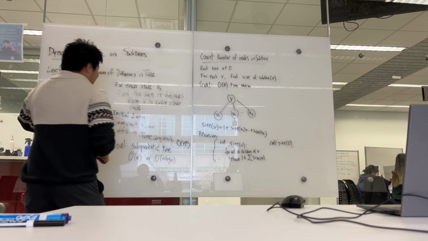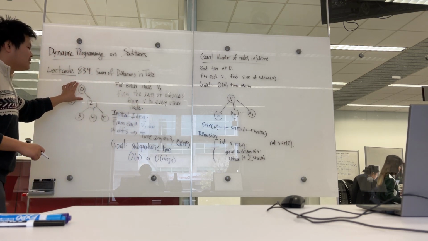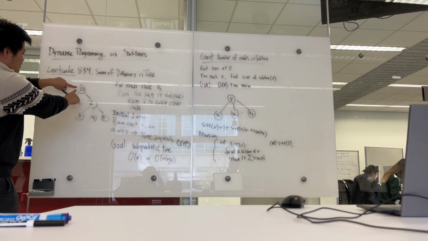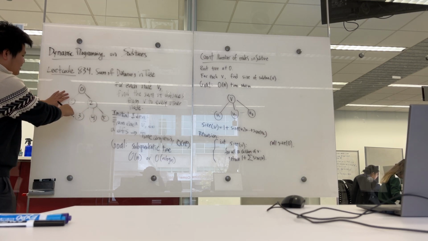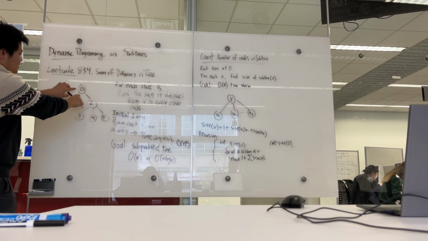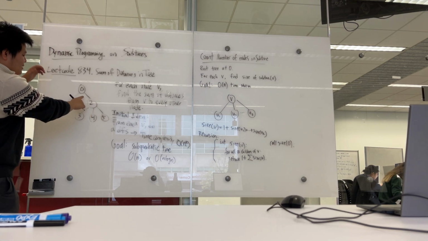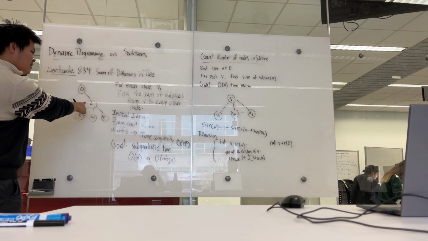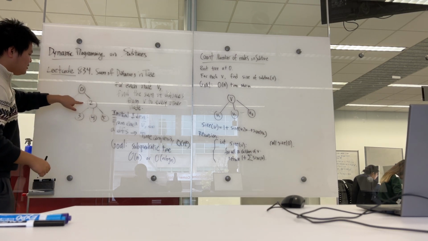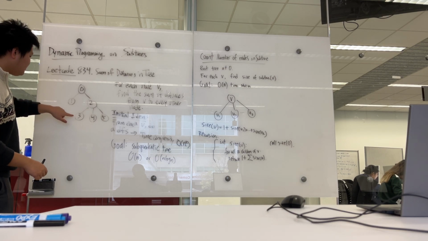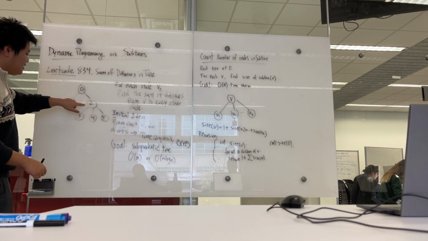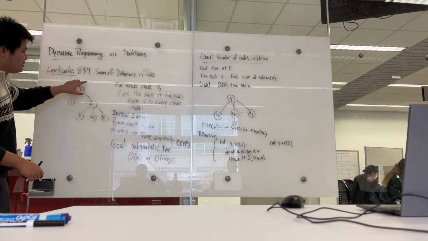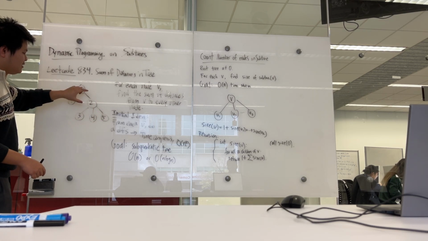All right, so let's see what happens when I call size of 0. First I would call size of 0, and then it would look at size of 1. Then it would compute size of 1, and then we go back, and then it would go to size of 2, and then at size of 2 it would look at size of 3, then size of 4, size of 5, and then it would compute size of 0.